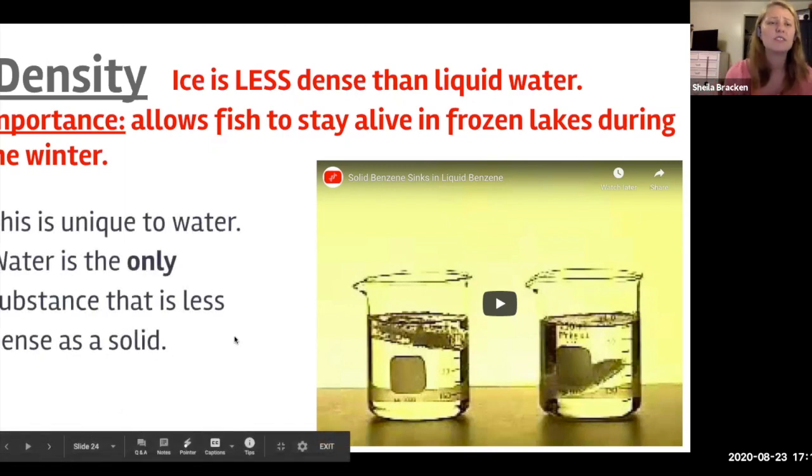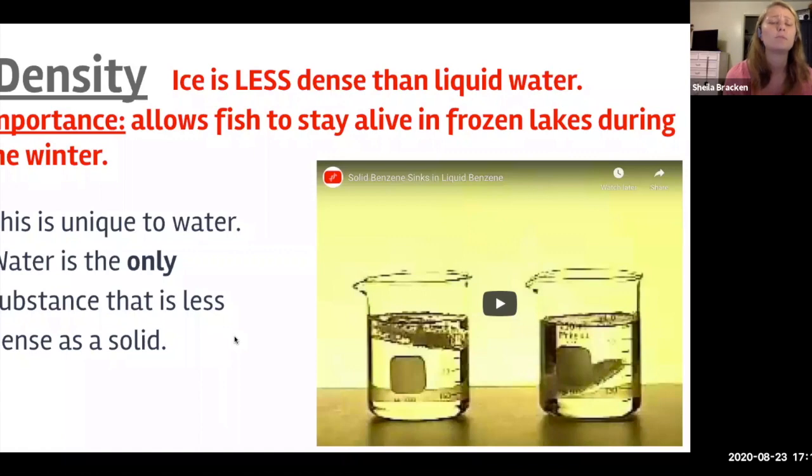So I want you to understand that this is a very unique property to water, okay? There is no other substance that is less dense as a solid. Water is super special and very, very important. There's really no other molecule quite like it, right?